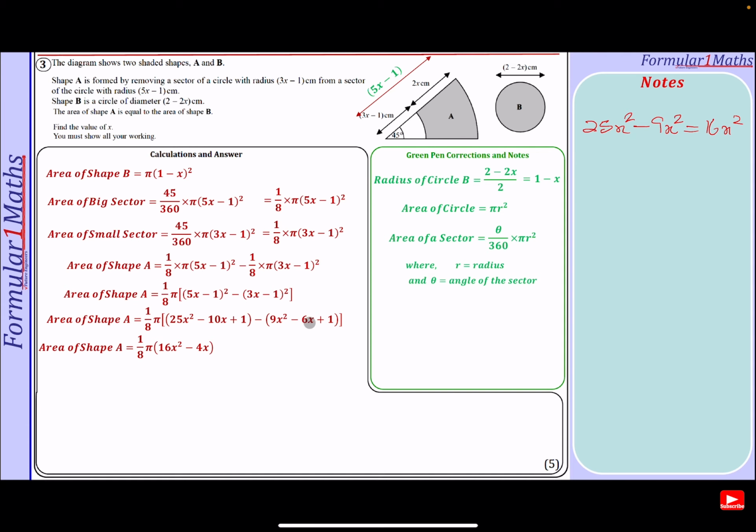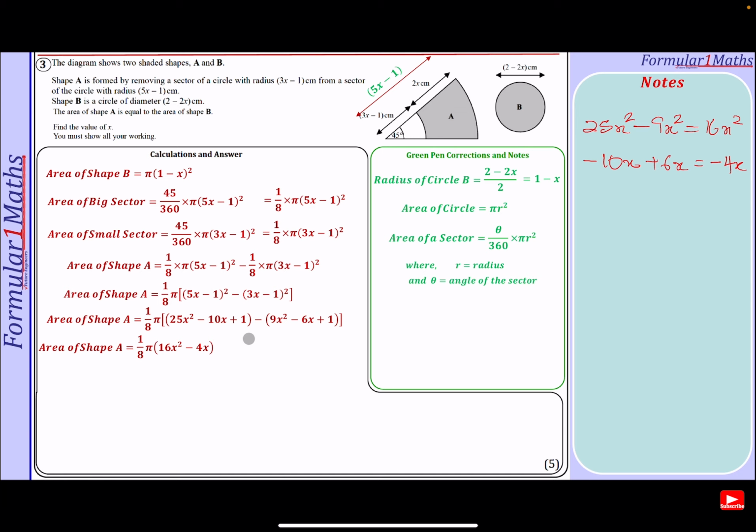So minus 10x plus 6x will be minus 4x. And that's what we get here. Now, plus 1 minus plus 1 will be 1 minus 1, and we get nothing. So we end up with the area of shape A being this.